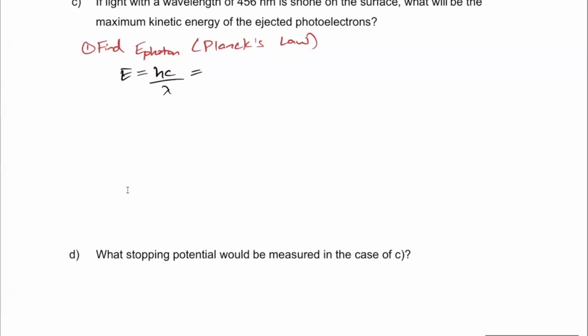So again, 6.63 times 10 to the negative 34, 3 times 10 to the 8, divided all by our wavelength, which is 456 times 10 to the negative 9 to make it meters. All good there? Any questions for me?